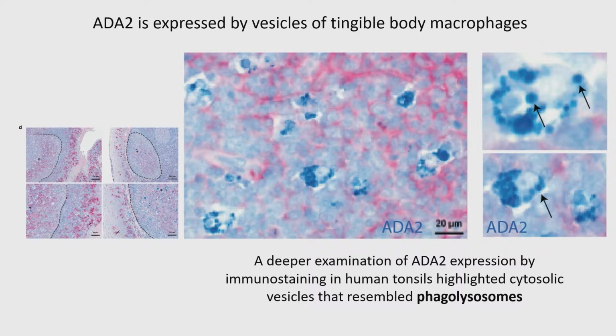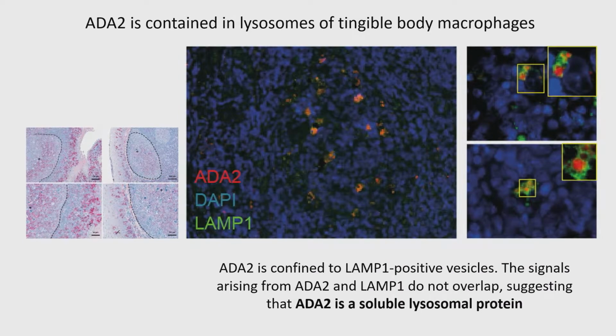Therefore, we hypothesized that the protein could localize into the lysosome, and to test this, we performed co-immunostaining on the same tissue with ADA2 and LAMP1, and we clearly detected that the protein is contained in lysosomal vesicles in secondary lymphoid organs.